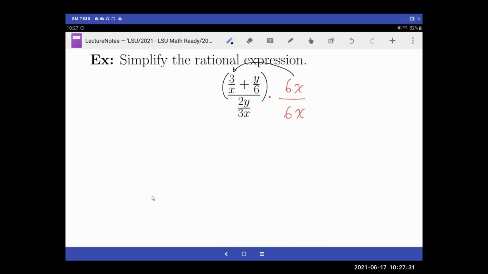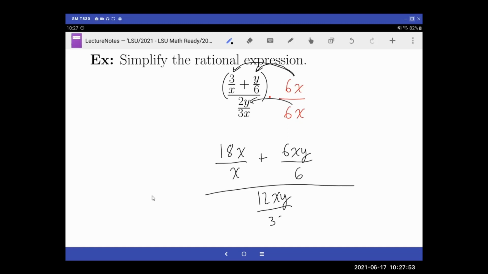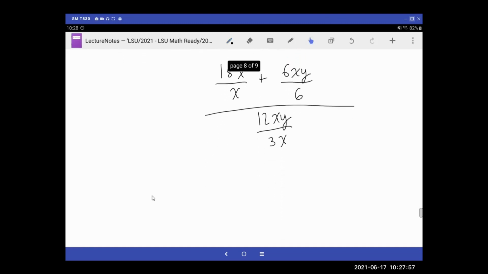I distribute: 6x times 3 over x would be 18x over x. 6x times y over 6 would be 6xy over 6. 6x times 2y is 12xy, and that's over 3x. Okay, this doesn't look nicer until you start simplifying these, right?